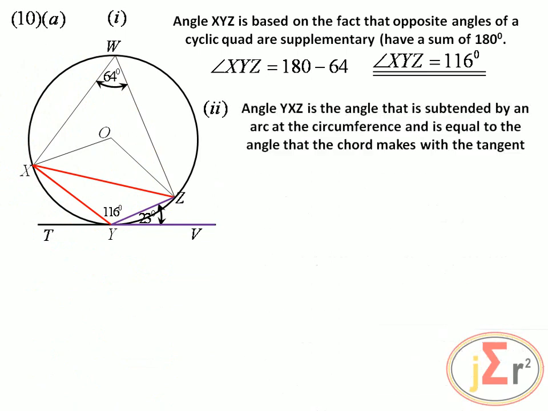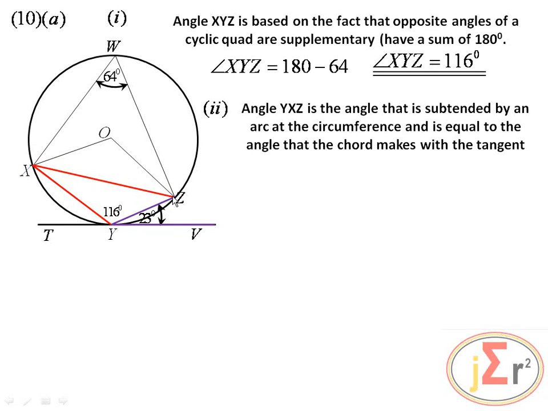This is another one. Angle YXZ is the angle that is subtended by an arc at the circumference and is equal to the angle that the chord makes with the tangent. So the angle goes from one end of the chord to the circumference to the other end of the chord.